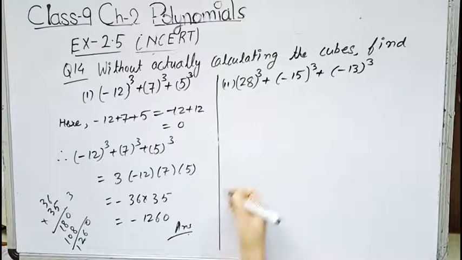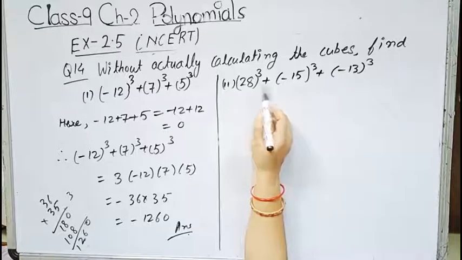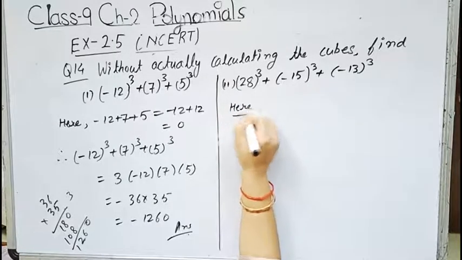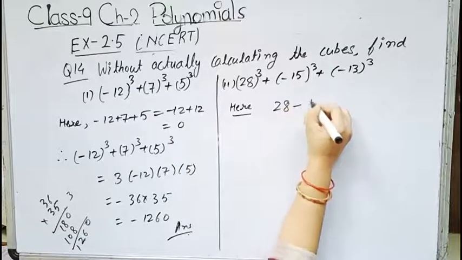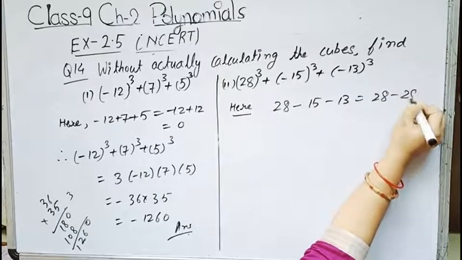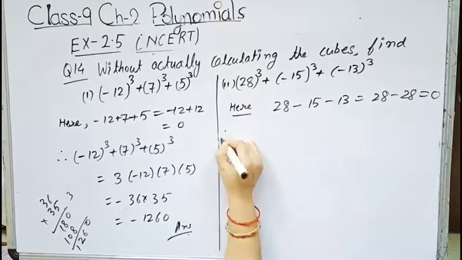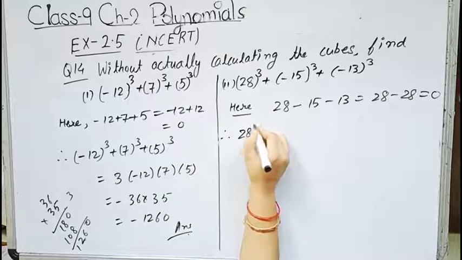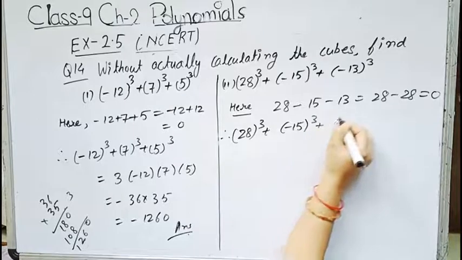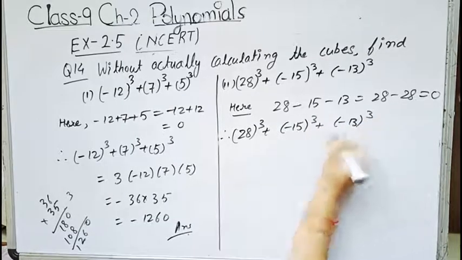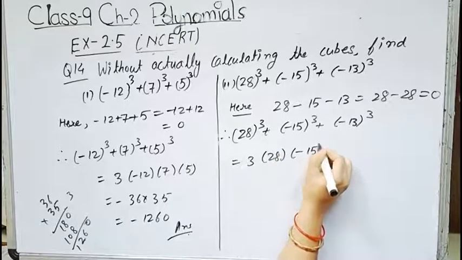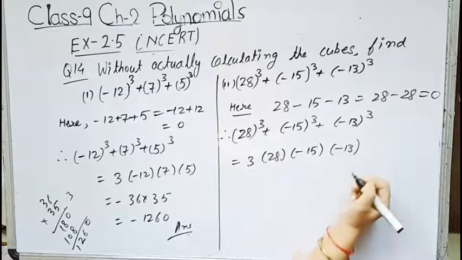The second question is similar. We can observe that 28 minus 15 minus 13 is 0. So we will again write the same statement. Here 28 minus 15 minus 13 equals 28 minus 28 equals 0. Therefore, 28 whole cube plus minus 15 whole cube plus minus 13 whole cube equals thrice of 28 into minus 15 into minus 13.